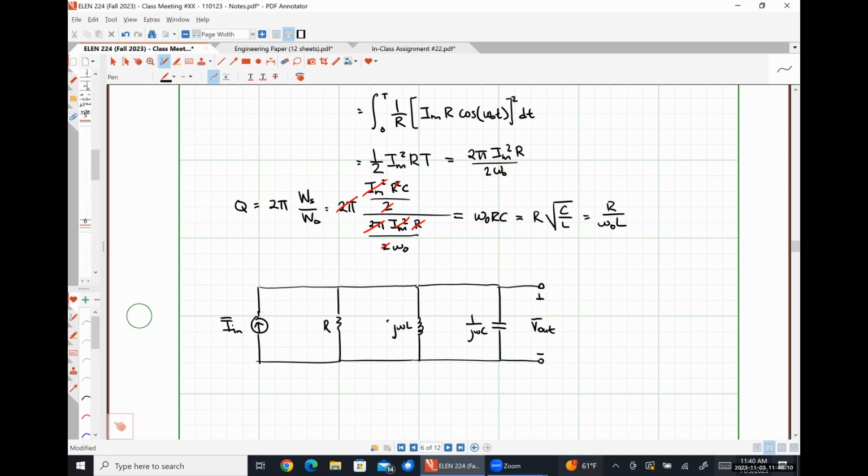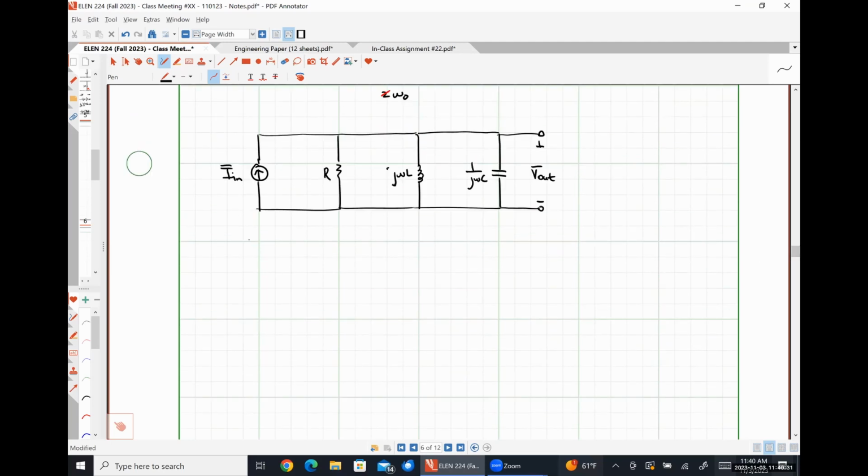And the easiest way for me to relate the input current to the output voltage for this system is to just use Ohm's law and deal with the admittances. Okay. So I can say that V out is just equal to I in divided by Y in.